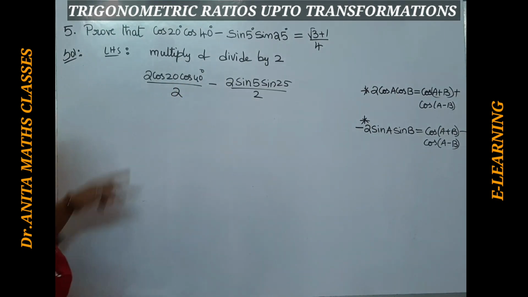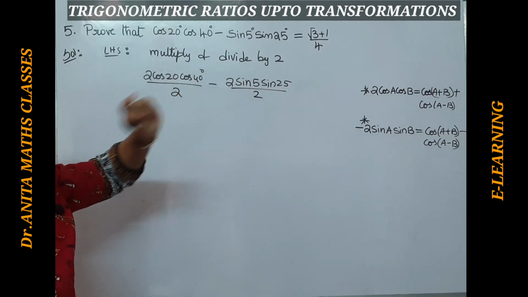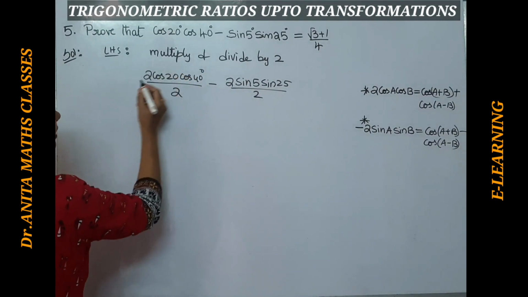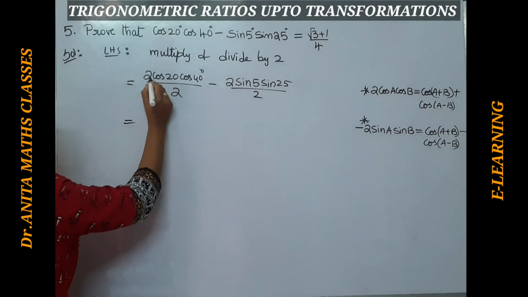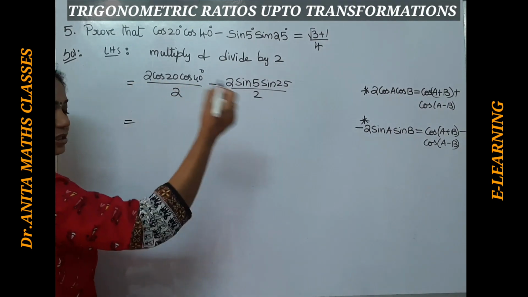Here 5 and 25 are A and B. So this is the product, and we are changing it into the sum.